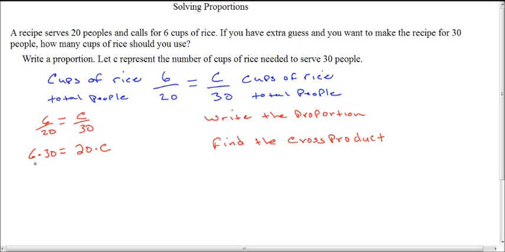6 times 30: 6 times 0 is 0, 6 times 3 is 18, so that'll be 180, is equal to 20C. To multiply, we just put the constant and the variable next to each other.